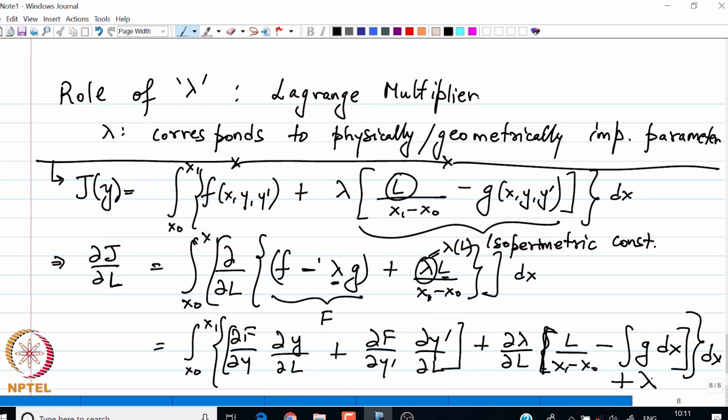Plus lambda is outside the integral, because of the derivative of L with respect to L.